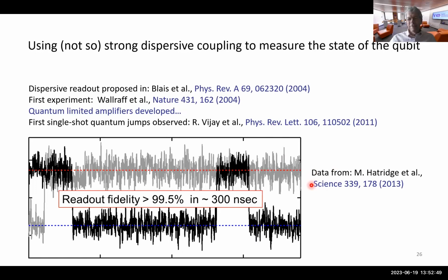And here's data from our host from 2003, where you can see very clearly resolved quantum jumps in the state of the qubit as it jumps back and forth. And this stuff, it's partly classical amplifier noise, but I think some reasonable fraction of it is actually vacuum noise visible, more or less, to the naked eye.